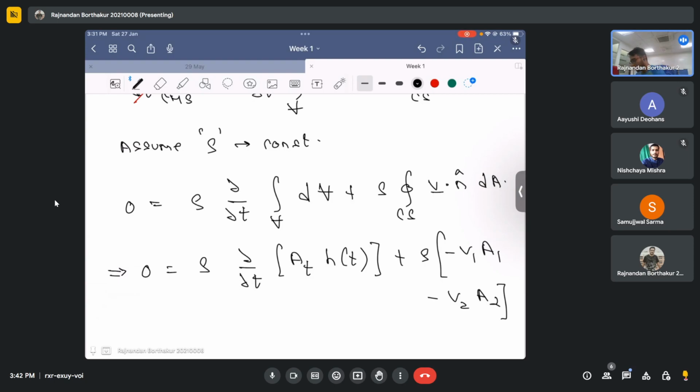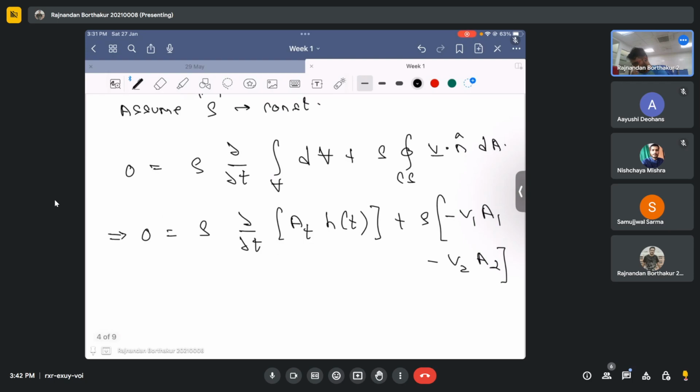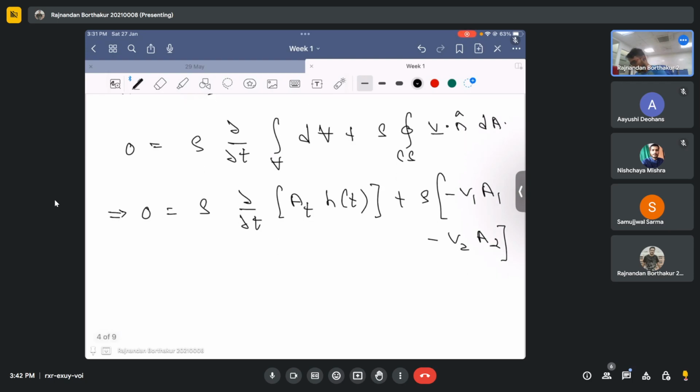Okay, so I hope if you don't have a doubt, that's very well. So what we will do is, since the area of the tank doesn't change with time, this means that this At is a known and fixed quantity.